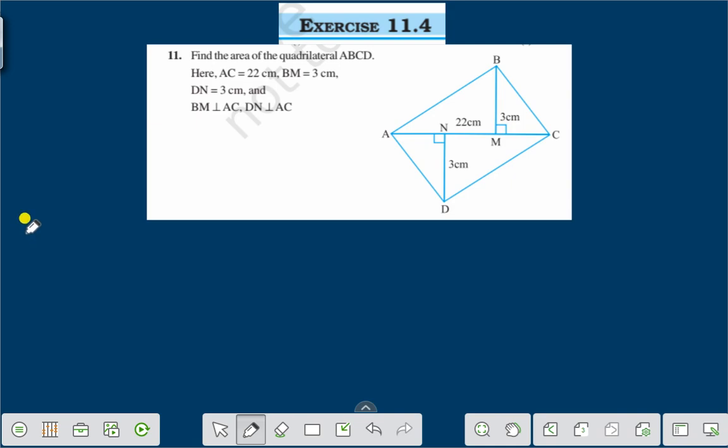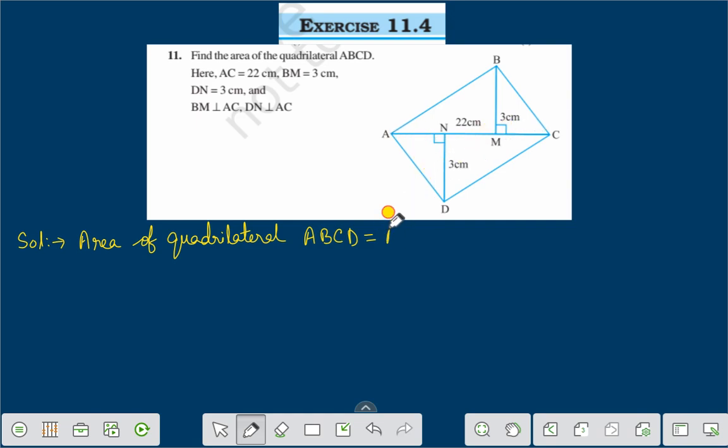We can find the area in this way, that area of quadrilateral ABCD is equal to area of triangle ABC and area of triangle ADC.